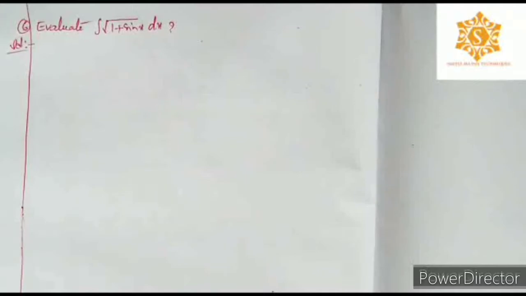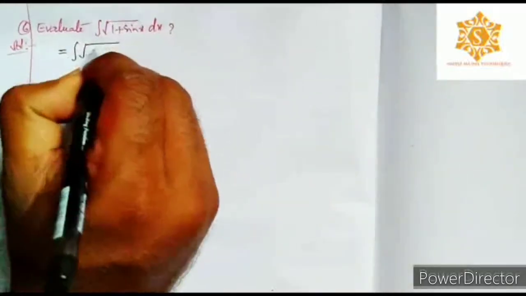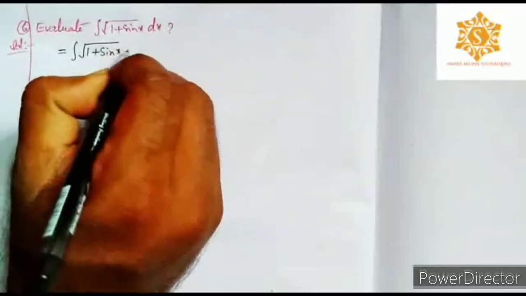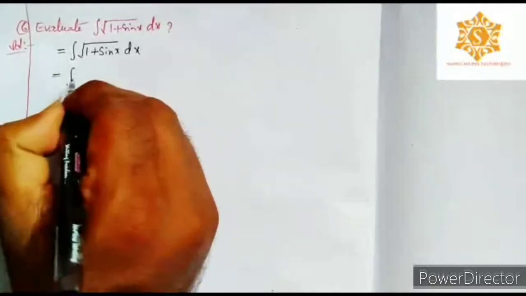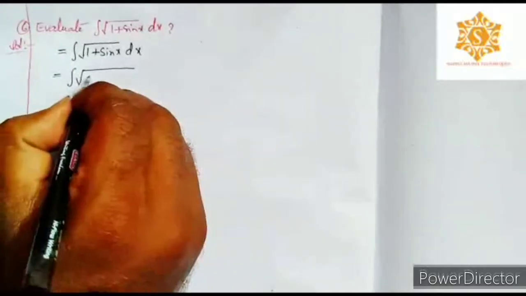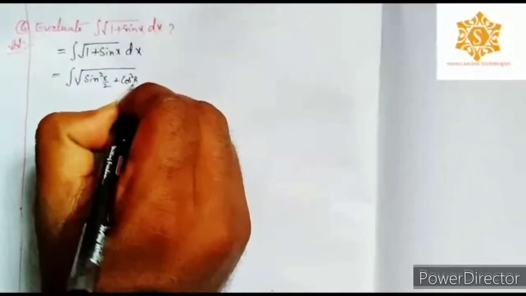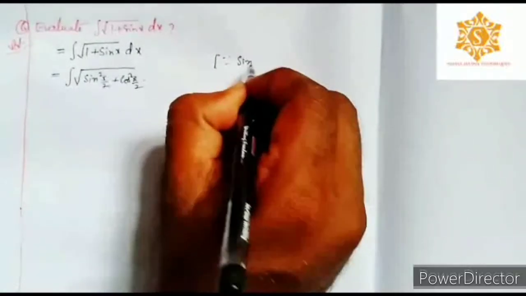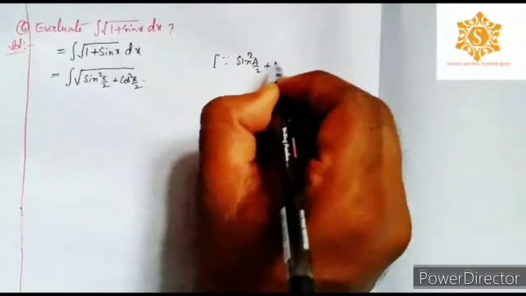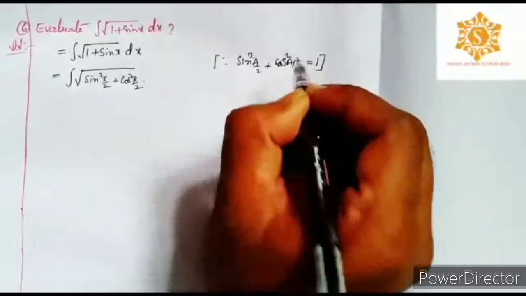Next problem is evaluate integration of square root of 1 plus sin x dx. So given that integration of square root of 1 plus sin x dx. Using submultiple angles, you can write 1 as sin square x by 2 plus cos square x by 2, because we know that sin square a by 2 plus cos square a by 2 equals 1.